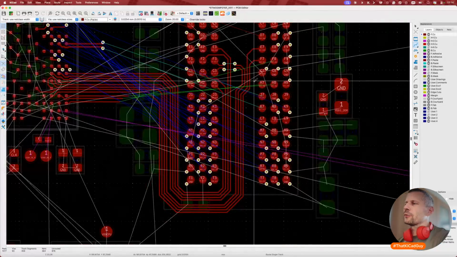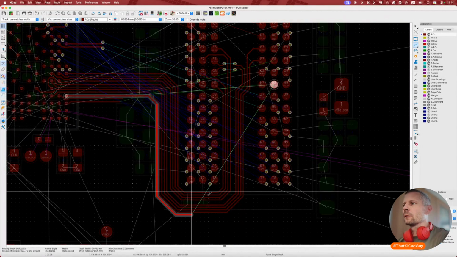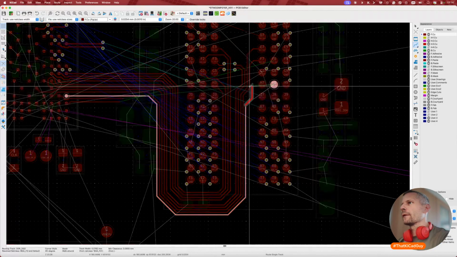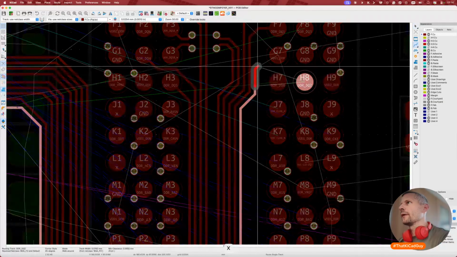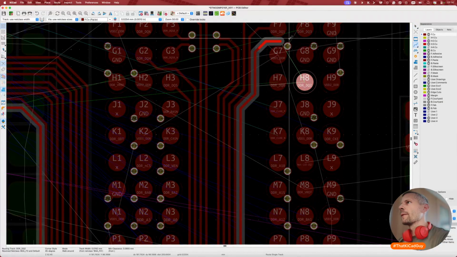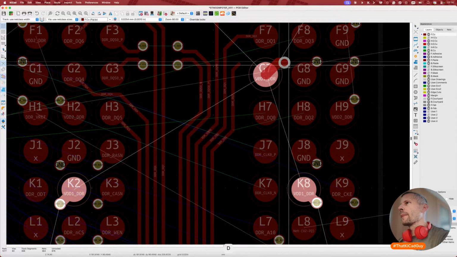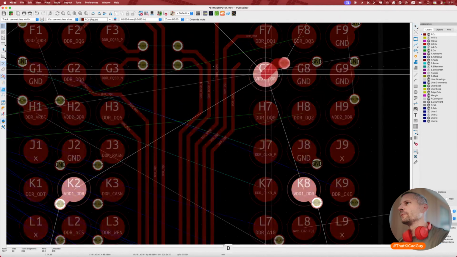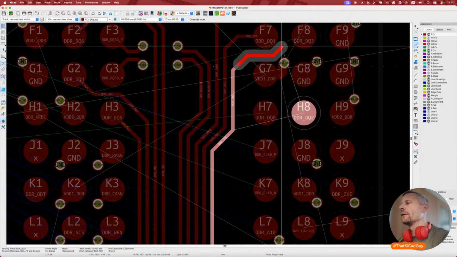Of course, I'm going short of space, but I think I will get there. Yeah. Something like this, I will correct it later.